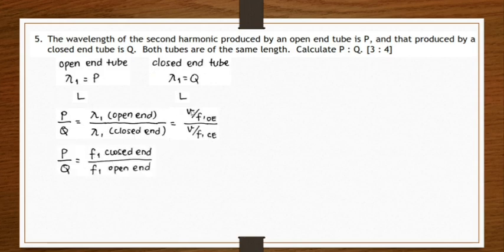So because we know that pi is the same, P over Q is equal to F1 of the closed end divided by F1 of the open end. For the closed end, F1 will be given by 3 pi over 4L, and for the open end, F1 will be pi over L. So we have the value of 3 over 4.